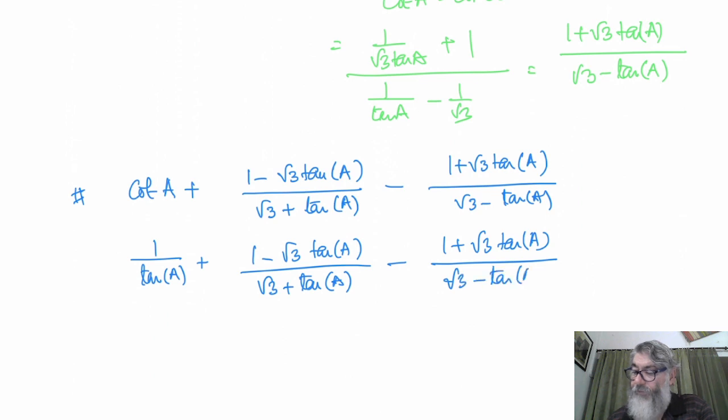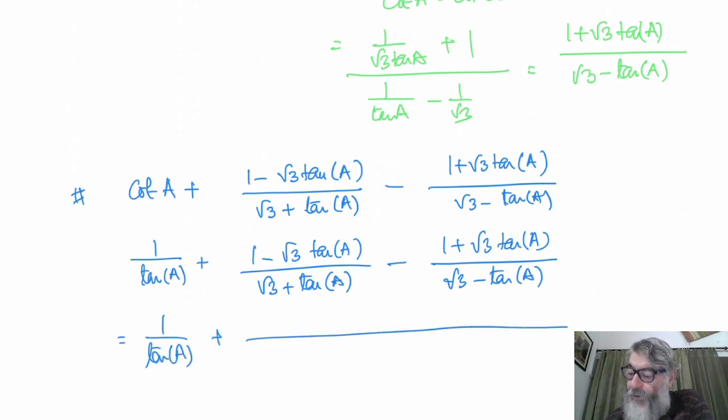Let's solve the second and third term first, and let the first term stay like that. Let's not make it too complicated. The first term we will add later. I'll take the LCM: (A plus B)(A minus B), that is (root 3 plus tan A)(root 3 minus tan A).